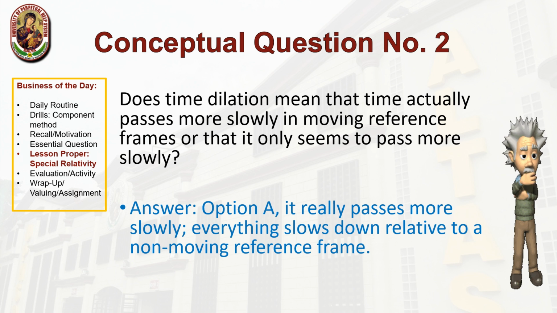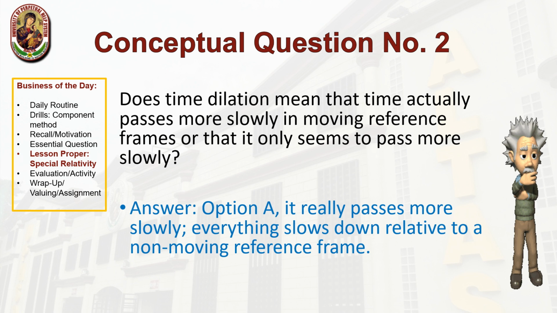Okay? So, talagang babagal yung oras mo in comparison to those observing in a non-moving reference frame. Okay, so yung mga at rest lang na nag-o-observe sa'yo, yung oras nila would be longer than what you have. Pero actually, it would still be the same seconds kung paano tumatakbo yung seconds.